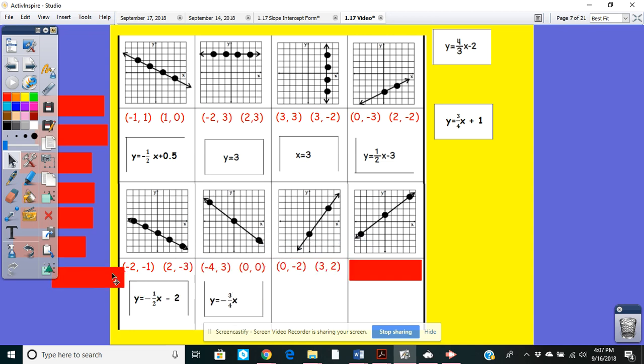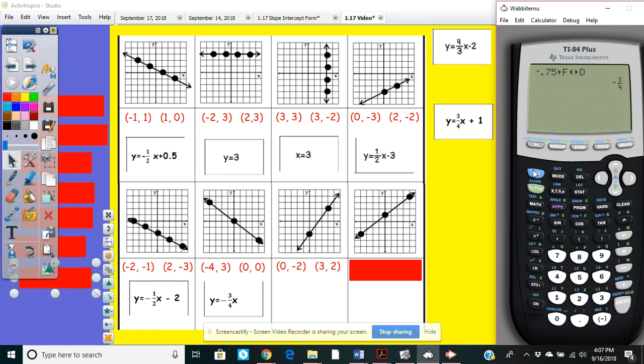All right. Now I've got (0, -2) and (3, 2). So we're going to go into our list again. Our x's are 0 and 3, and then our y's are -2 and 2.